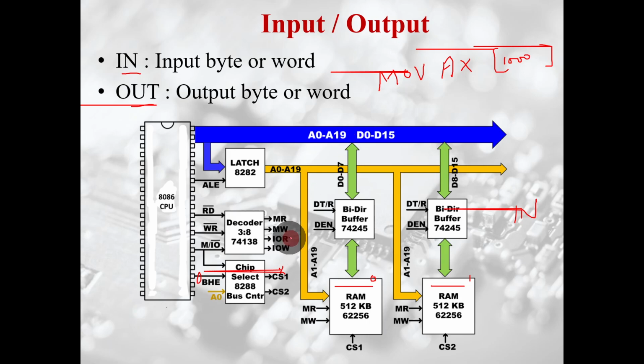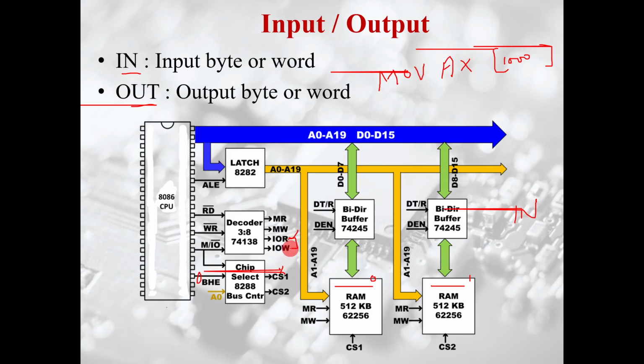Also when I write in, it means I am reading information. So that signal also will be given here, a read and write signal. So in means I am reading it, so this read signal will go 0 because this is read bar. So that will generate the input read signal IOR, and similarly if I write an out command, then it will generate an input output write signal.